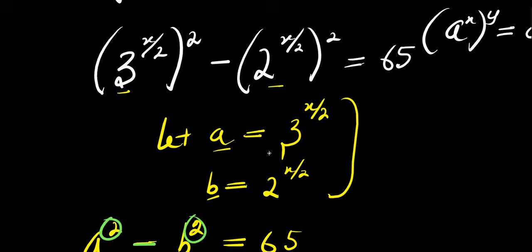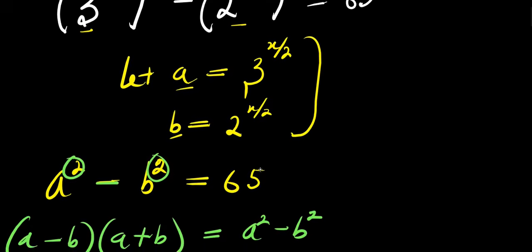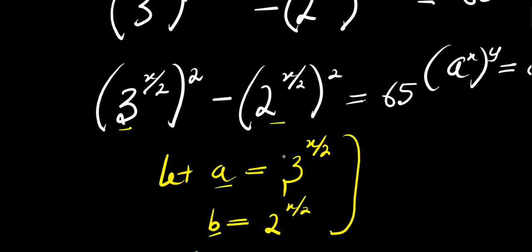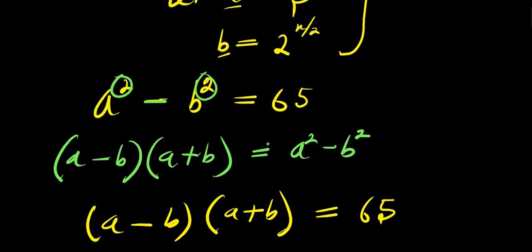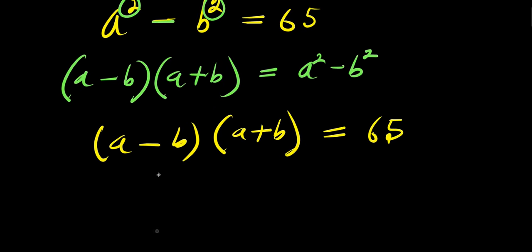So right now, if you also consider this particular equation we have here, you observe that this is a minus b and this is a plus b. So obviously a plus b is greater than a minus b, meaning a minus b will be less than a plus b, because this is positive while this is negative.